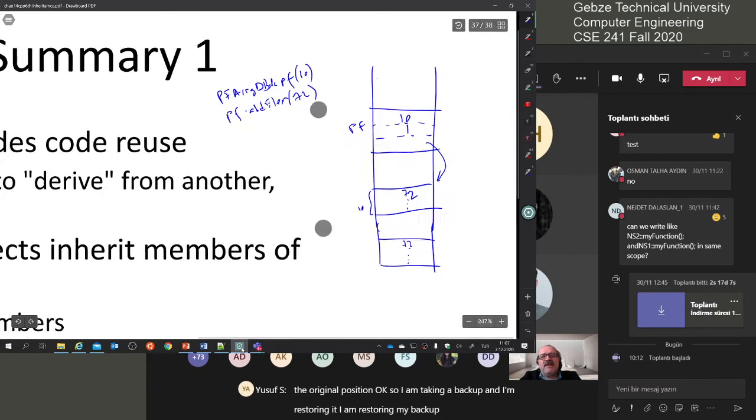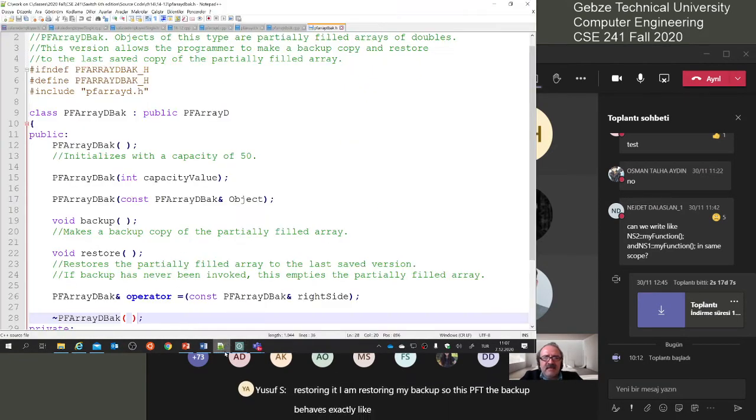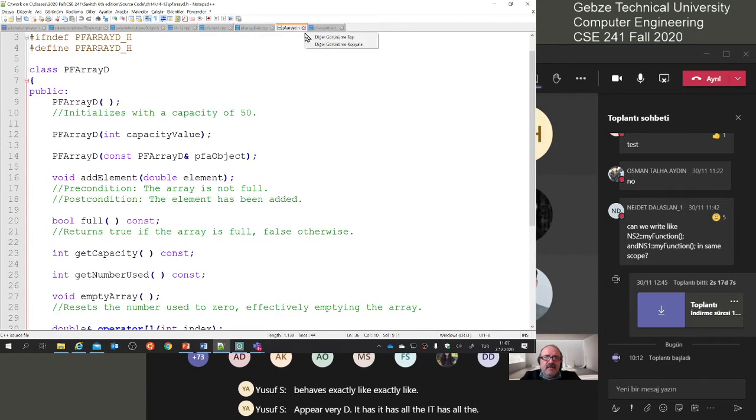So this pf_array_d backup behaves exactly like a pf_array_d. It has all the functions like add element, full, get capacity, get number used, get empty array.